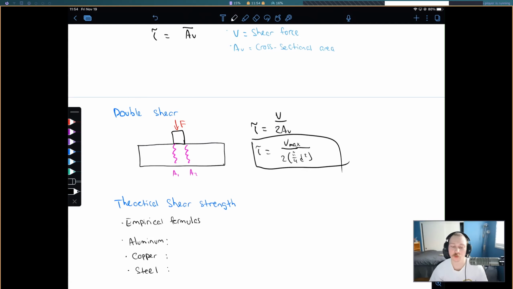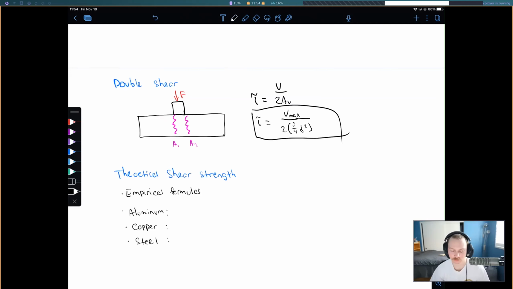Okay, so for aluminum and for copper, this equation is going to be 0.65 multiplied by the ultimate tensile strength for that material. And then for the steel, that's going to be 0.75 multiplied by the ultimate tensile strength.